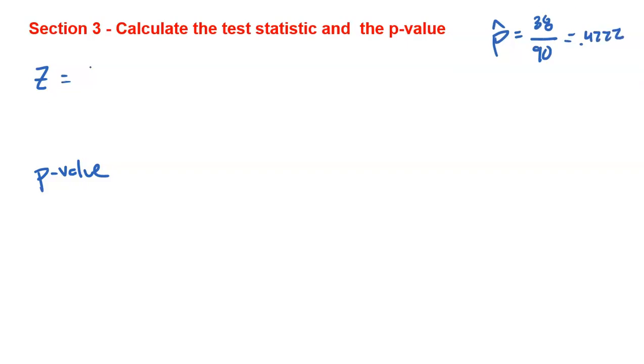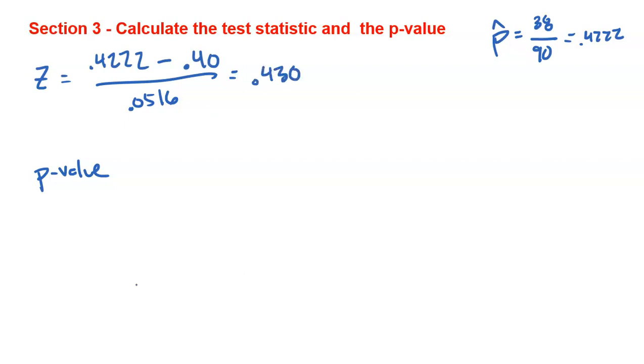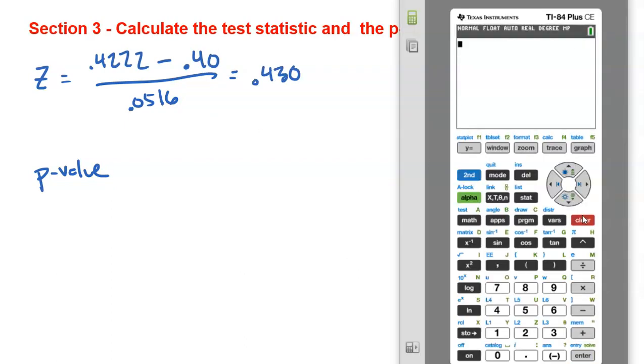So my z-score is where that falls on the normal model. That's why it's called a z-test. So I'm going to take that 0.422 minus the center of the sampling distribution, divided by the standard deviation of the sampling distribution, and I get a z-score of about 0.430. I am going to grab my calculator here just to show you that work. So 0.422.